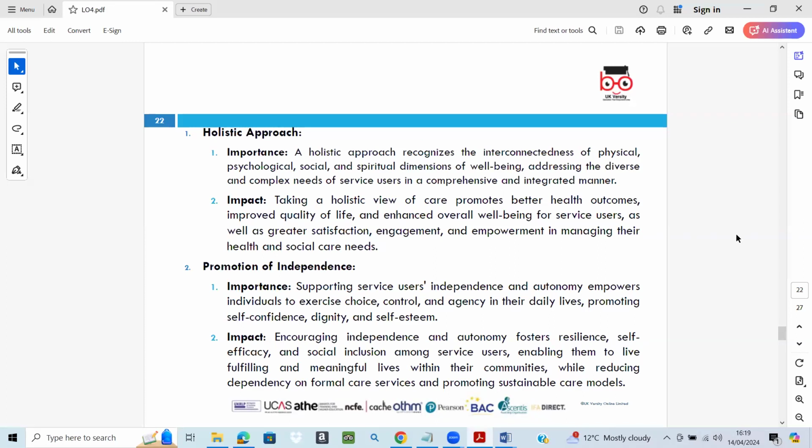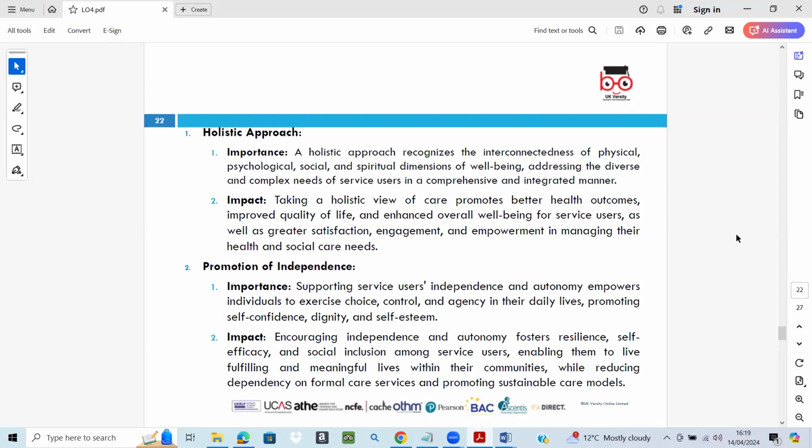Okay, so we have discussed the holistic approach already, but in this slide, we'll say that a holistic approach is crucial because it recognizes the importance of all aspects of a person's well-being, which involve physical, psychological, social, and sometimes spiritual needs as well.